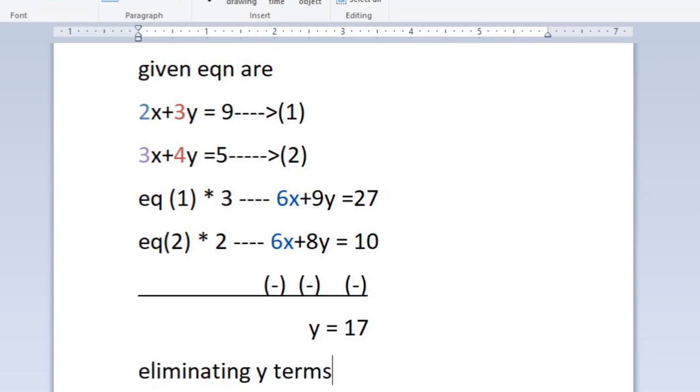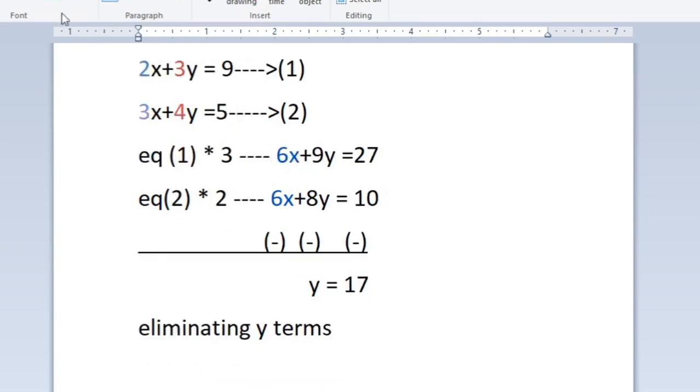For eliminating y terms, you have to make both y coefficients equal. Here both y coefficients are not equal. Therefore we have to make them equal.